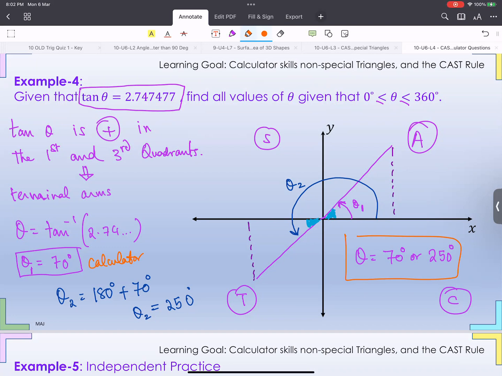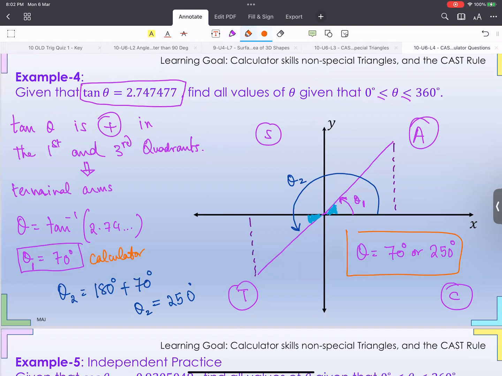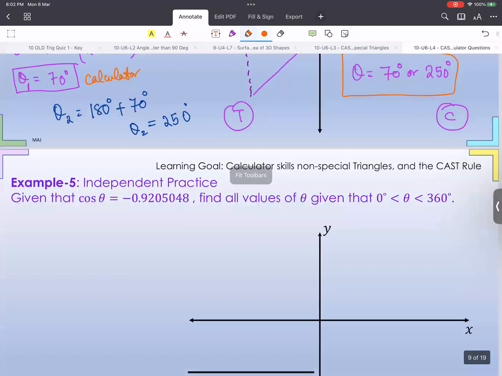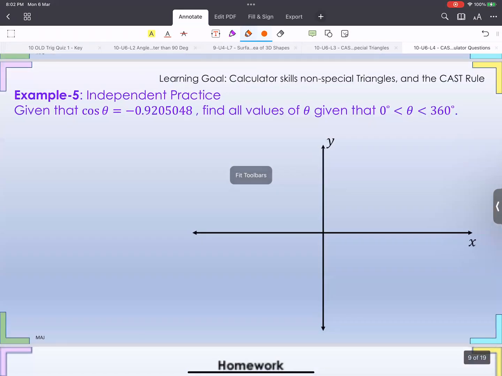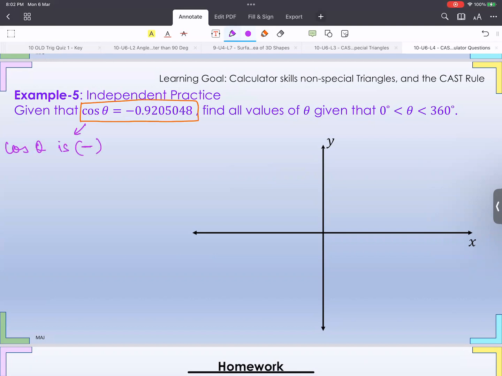Feel free to pause the video and try it out on your own, and then you can check whether you're on the right track. Now, cos theta is all of this. That's what's given. So where is cos theta negative? Only sine is positive in the second quadrant, which means cos has got to be negative there.